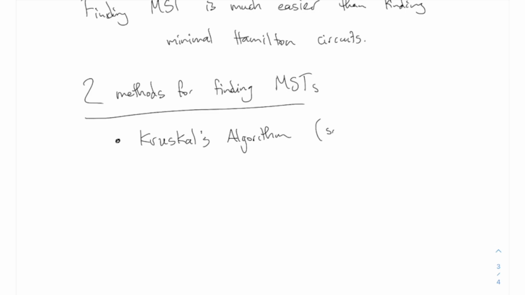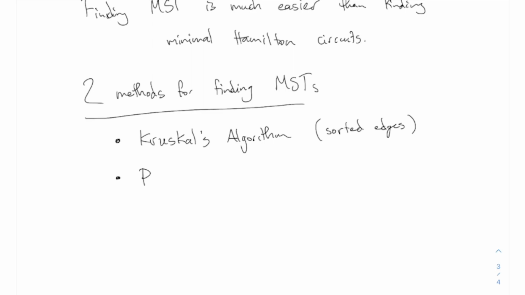But it's almost exactly the same as the sorted edges algorithm, which we do know about. That's on the homework for tomorrow. The sorted edges procedure for finding Hamilton circuits. You can do that same thing to find a spanning tree, and it's almost exactly the same as the sorted edges. That's called Kruskal's algorithm.